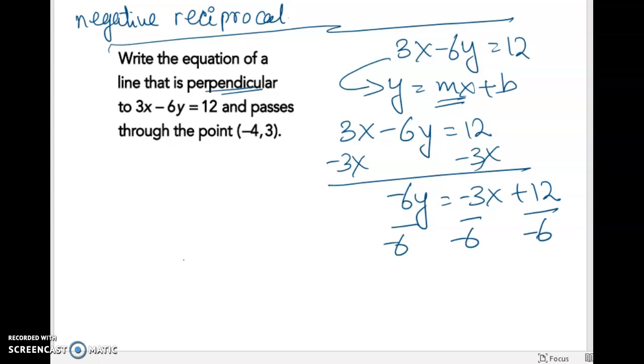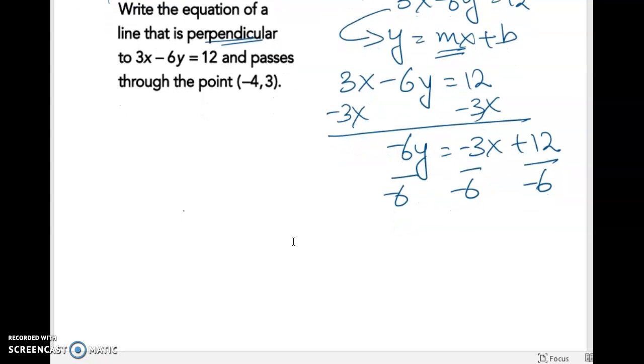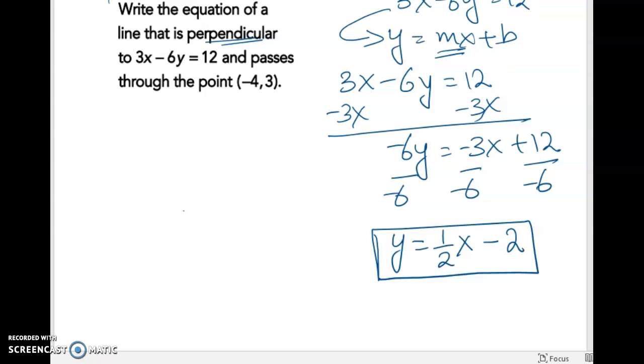Get rid of negative 6 by dividing negative 6 to both sides. Right? Be careful, you need to divide negative 6 with negative 3x and 12 as well. Now, if that will happen, it will result into y is equal to 1 half x minus 2. This is the equation of the given line.